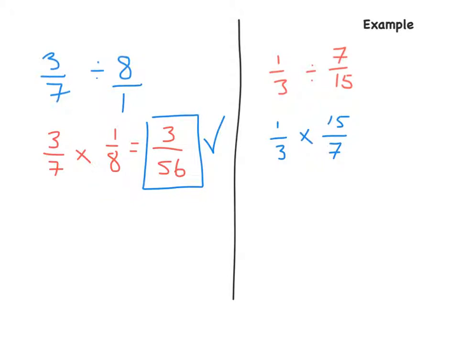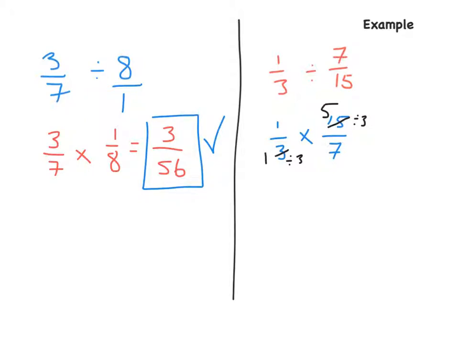So we could multiply straight across, or we could cross simplify. So the greatest common factor of both 3 and 15 is 3. So we could simplify, divide both by 3. So 15 divided by 3 is 5. 3 divided by 3 is 1.